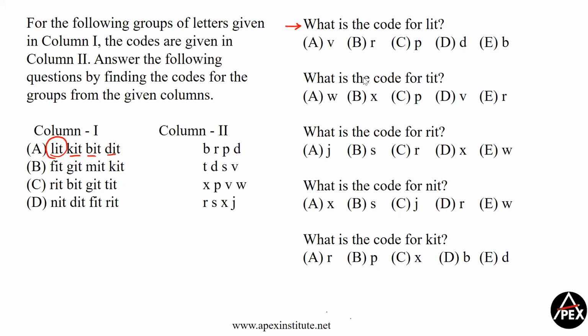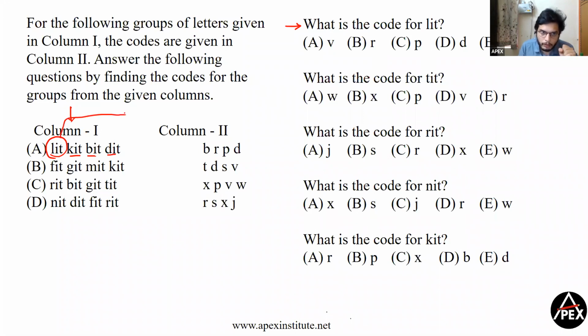If you observe, you do not have lit in column 1 anywhere else. Lit is only present in row A. It is not present in any other rows. This is not repeated, so the coded word of lit should also not be repeated in any of the rows in column 2. Now if I check BRPD, R is being repeated here, and you do not have lit there, so R does not correspond to lit.